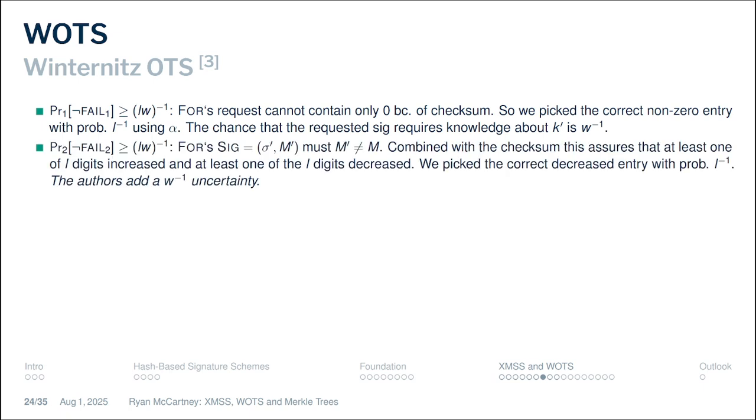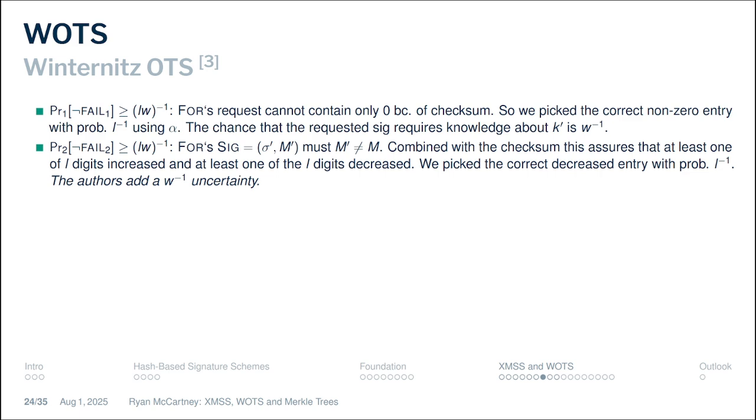And the same result we get also for the forger not having forged our signature. Now we use this fact again that the checksum cannot be 0, so the forger cannot just forge this random value 0. And also we are given the fact that the forger for WOTS has to be EUF CMA, so existentially unforgeable under chosen message attack, which requires the forger to output a forged signature for some message that is different from the message that he gave us in the Oracle query.